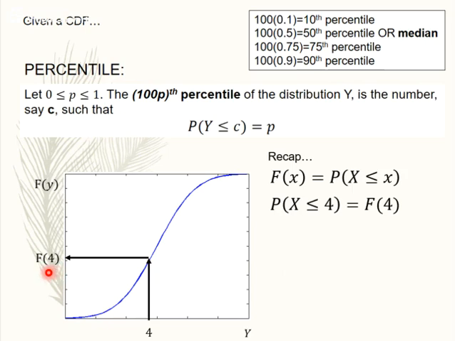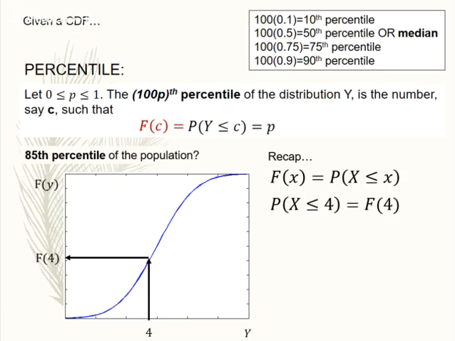So now coming back to our percentiles. This is the equation we're focusing on, but we already know that there's actually a function for this, and we call it the CDF. So in other words, we want to form an equation where we have F of c and make it equal to p in order to find the relevant percentile. So let's take the 85th percentile like we did previously.